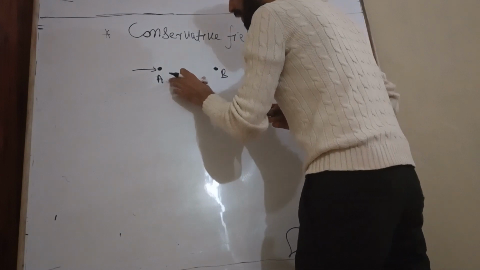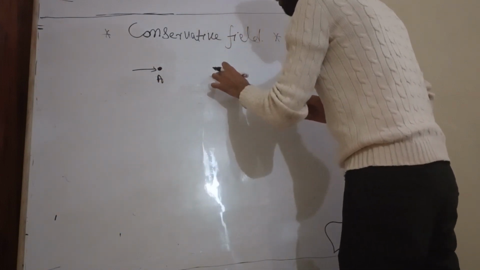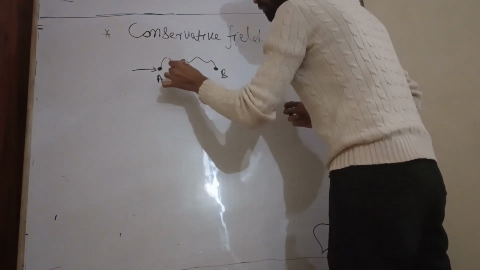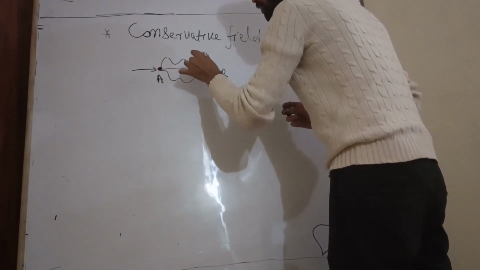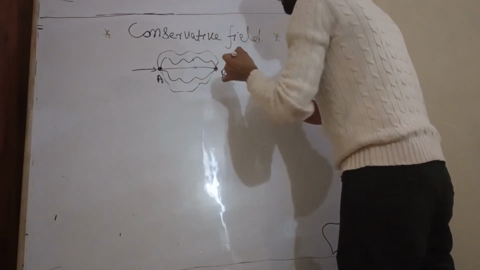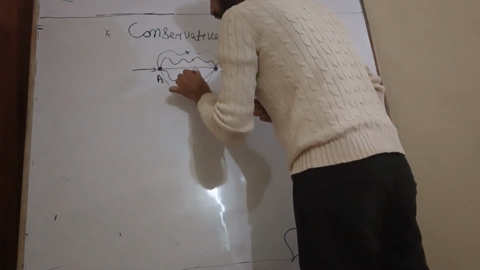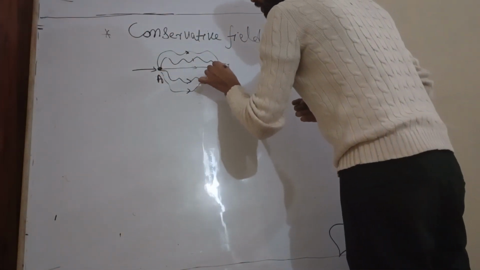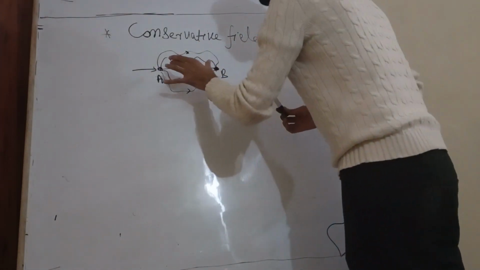It depends only on the initial and final position. It does not depend on whatever path you choose, or from which path you are coming. Whether you come from this path or that path, it depends only on the initial and final position of this particle.